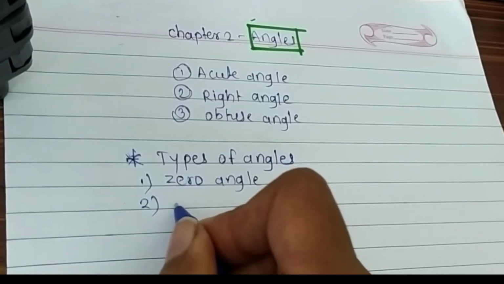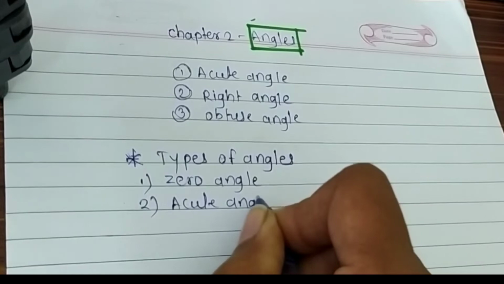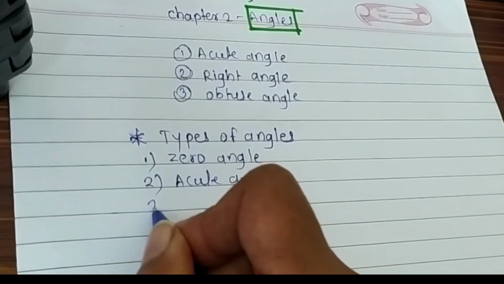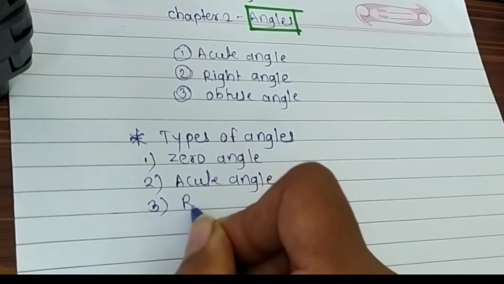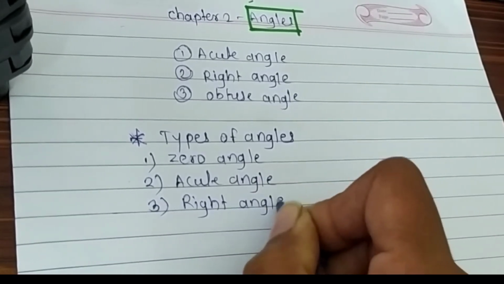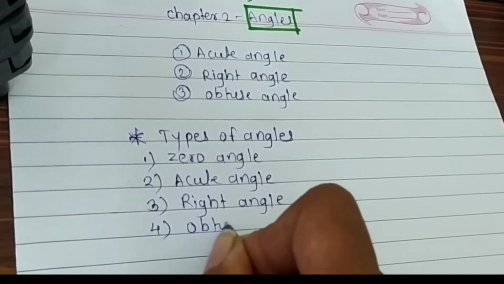The second one is acute angle, more about acute angle in this standard. Third one is right angle, and fourth one is obtuse angle.